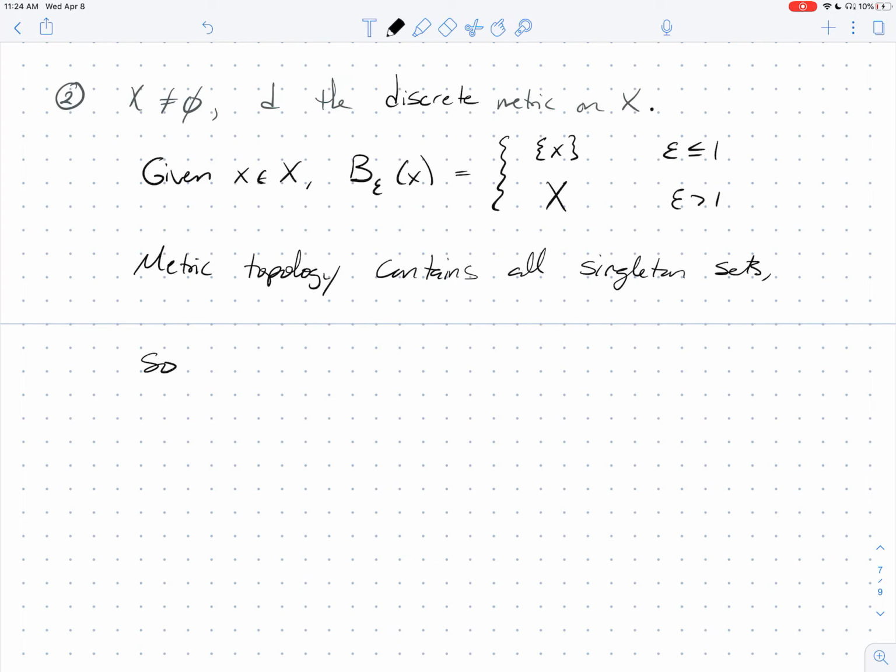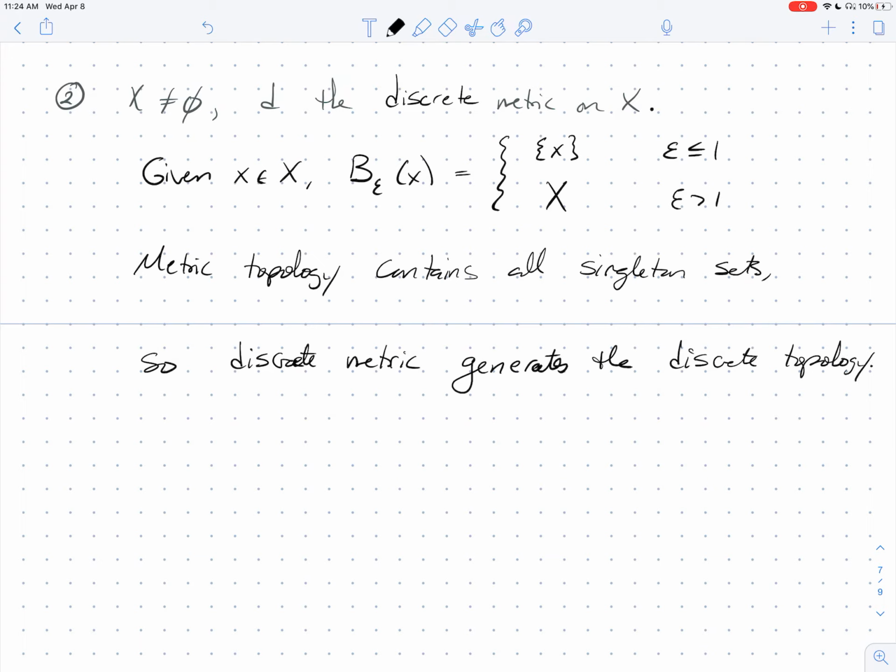So the discrete metric generates the discrete topology.